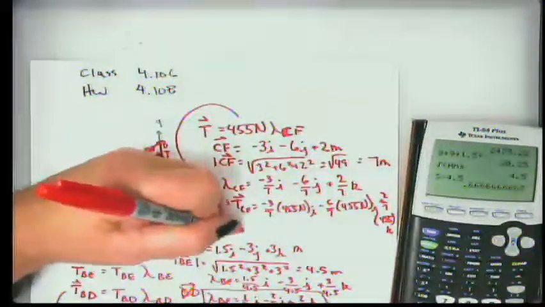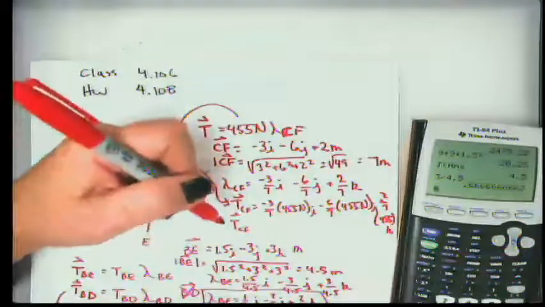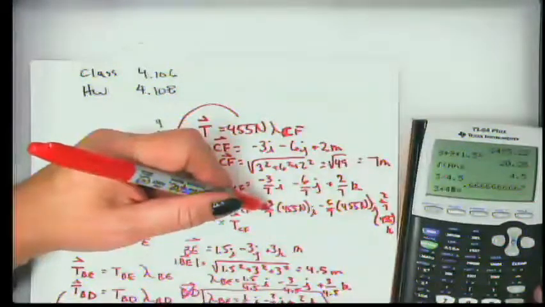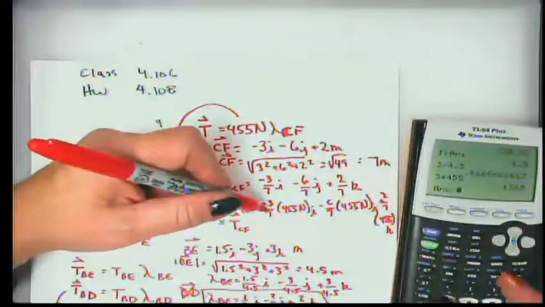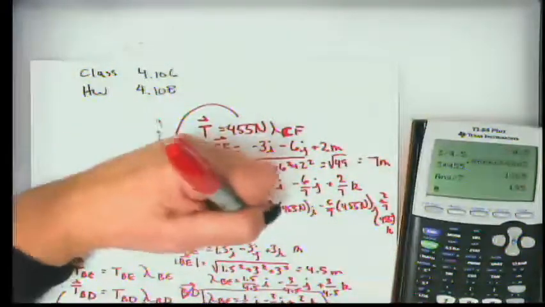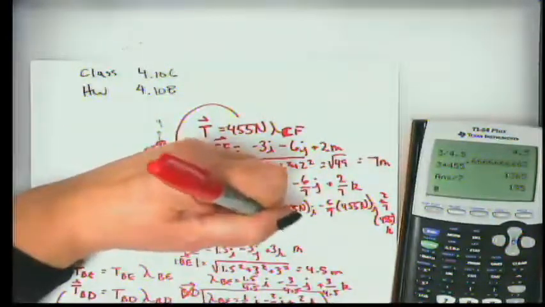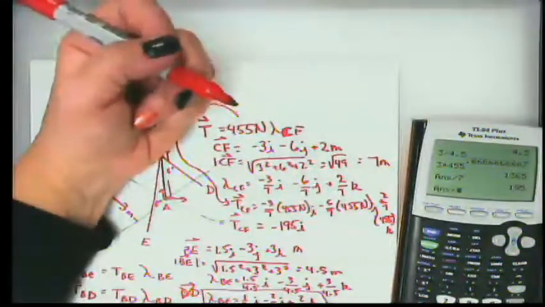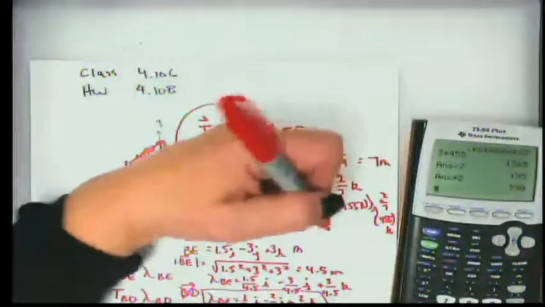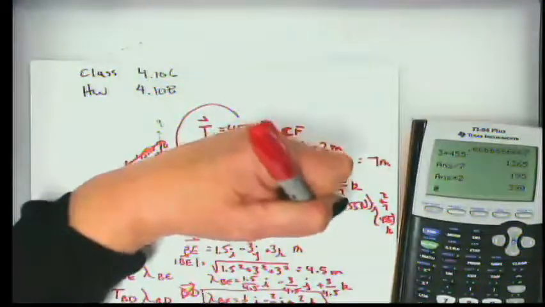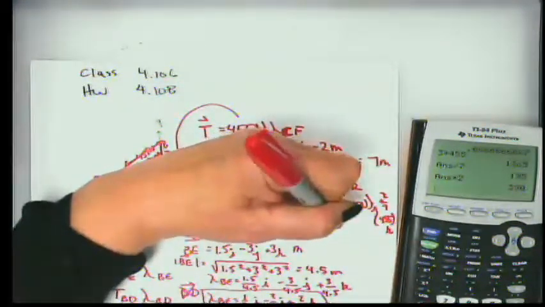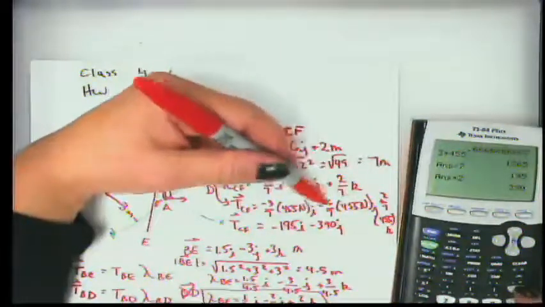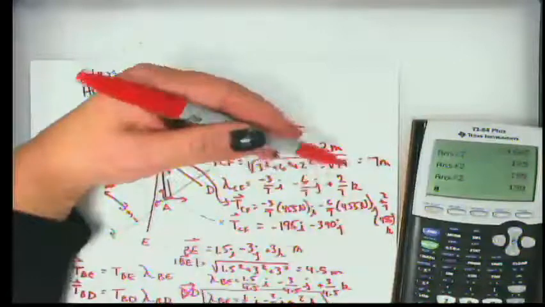So the tension in CF is -3 times 455 divided by 7, which is 195. And this is 6, so it's just twice that number, which is 390, minus 390J. And then we have 2/7, so it's going to be that number divided by 3. I'm just doing a little math shortcut there.